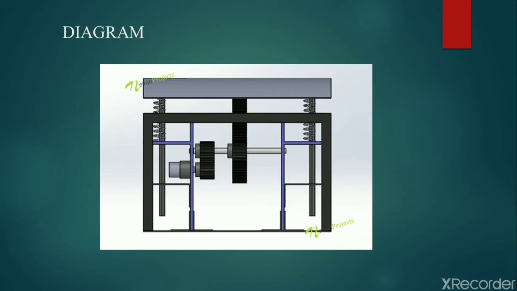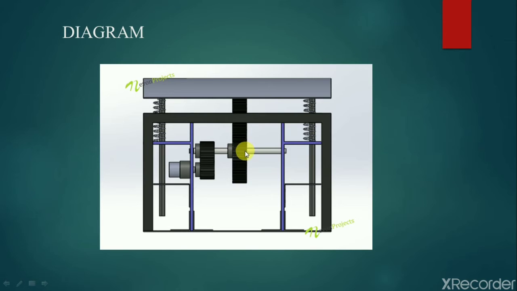Next diagram, this is the diagram for power generation using speed breaker, and this is the smart speed breaker. The smart speed breaker's both ends are fixed by springs to get the return motion. At the mid of this speed breaker, the rack is fixed.